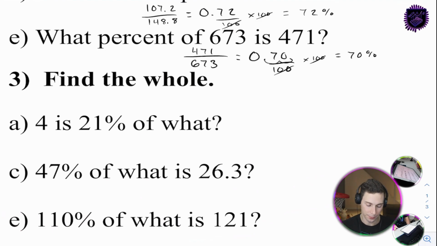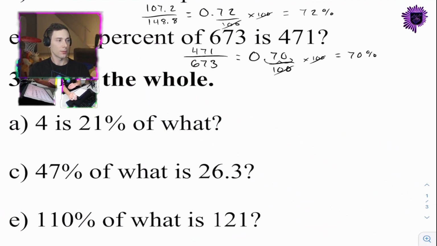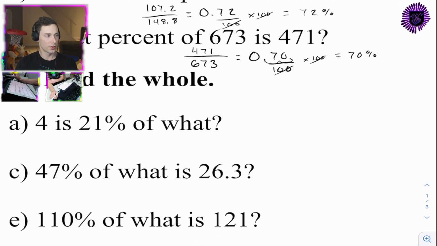Find the whole. All right, so 4 is 21% of what? We are going to need to use, what is our formula? To find the whole, you divide the part by the percent.